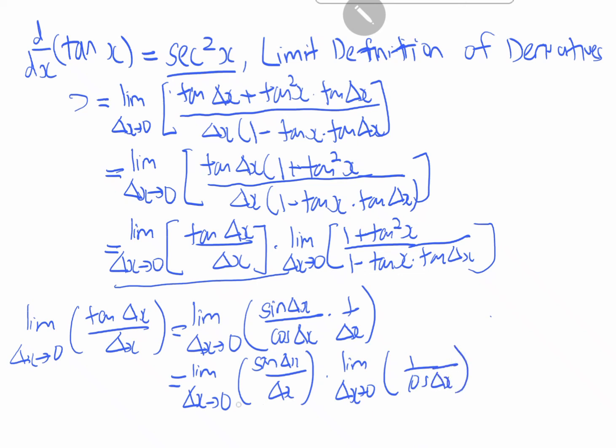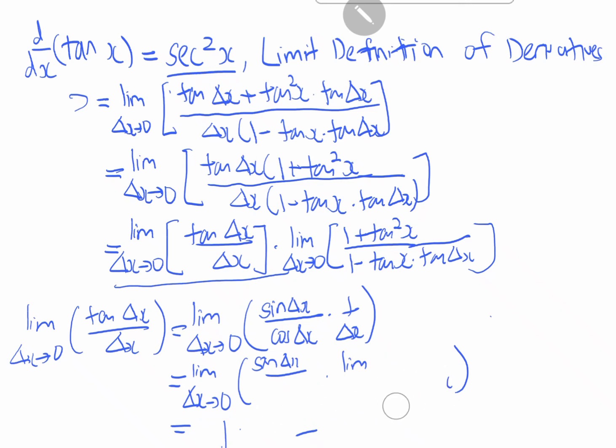So this is something that we have learned earlier on in our previous two videos. So therefore limit delta x goes to 0 of sine delta x over delta x is 1, times this one. So cosine 0 will give me 1. So it's 1 times 1 equals to 1.